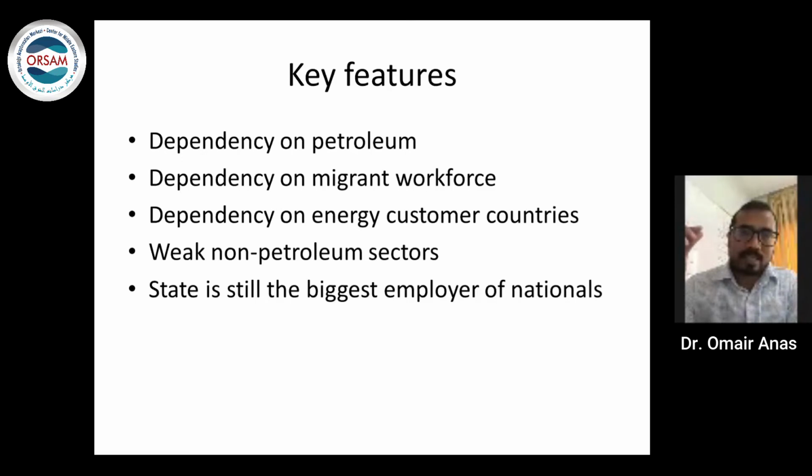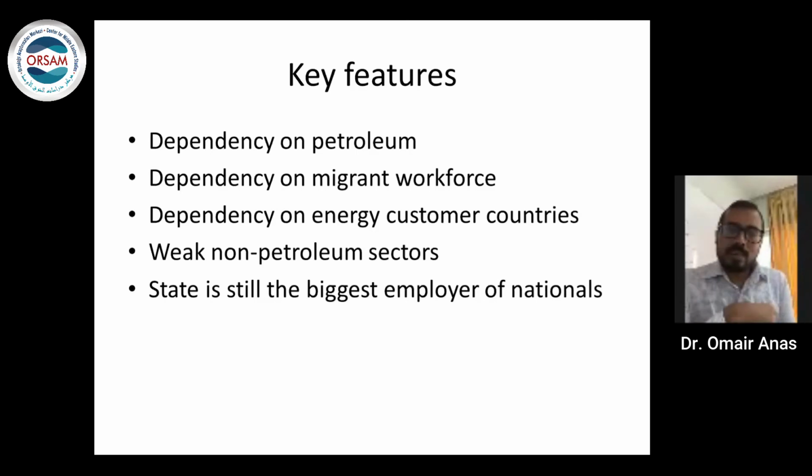Deep pockets means that they have so much income. And they had so much income that they invested it in making new cities, buildings, new institutions and universities, and many things. So if you go to Dubai of today and see the photos of Dubai 25 years ago or 50 years ago, you will be surprised because it is an entirely new Dubai.